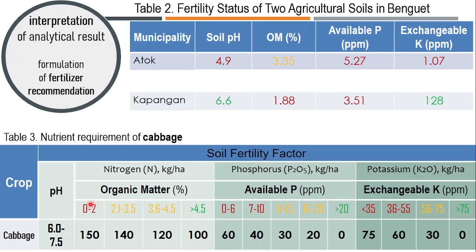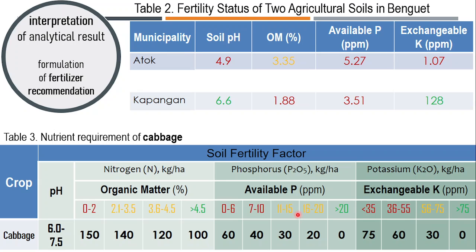So when the OM level in the soil is like this, we need to apply the corresponding amount of nitrogen fertilizer. In this case, at 0.2%, we apply 150 kilograms of N per hectare. When the OM is greater than 4.5%, we only need to apply a lesser amount, which is 100 kilograms of N per hectare.